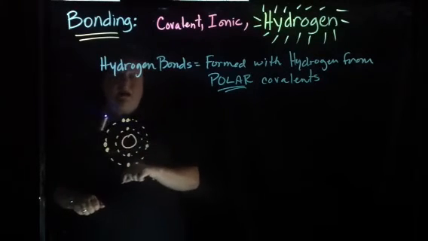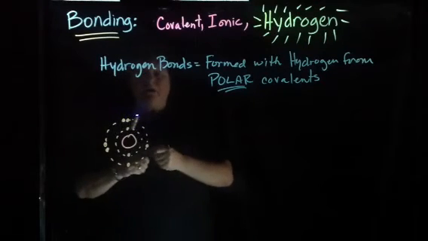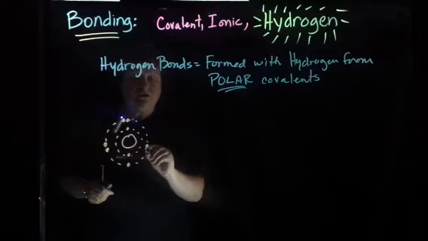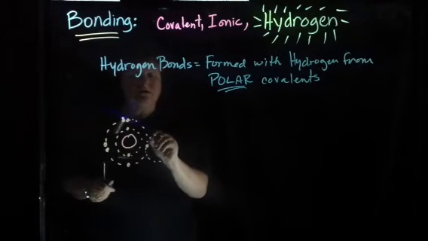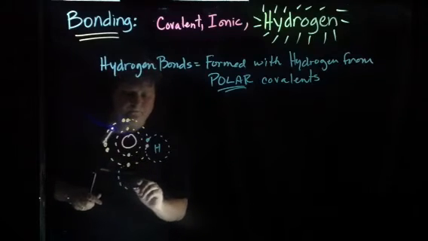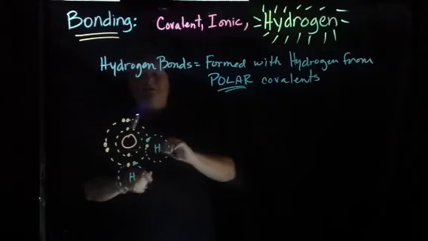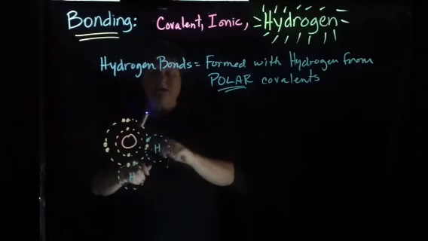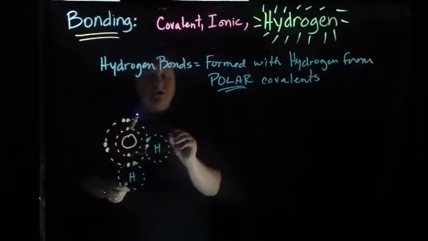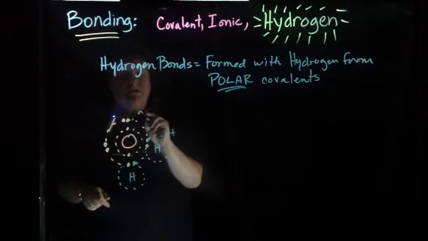You can see here we have 2 unpaired electrons, and so in order to fill that orbital, oxygen is going to share those valence electrons with something like hydrogen. And we have our polar covalent bonds here, which give our hydrogen their partial positive charge, and the oxygen its partial negative charge.